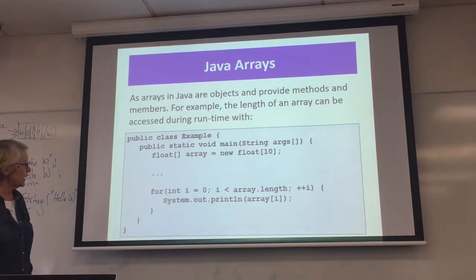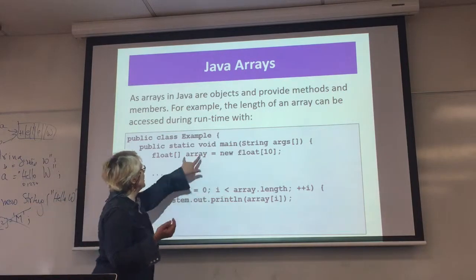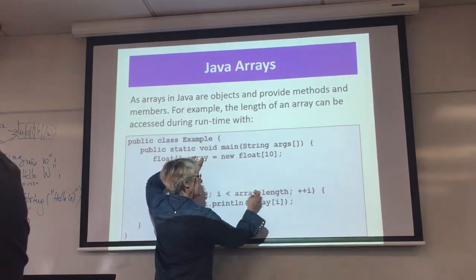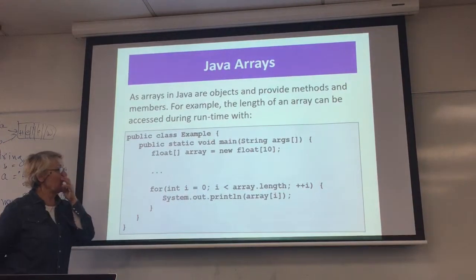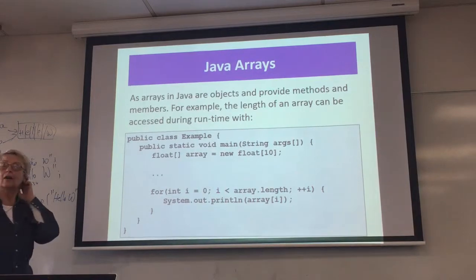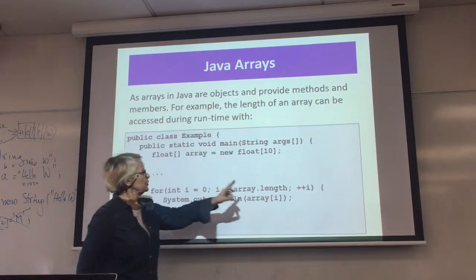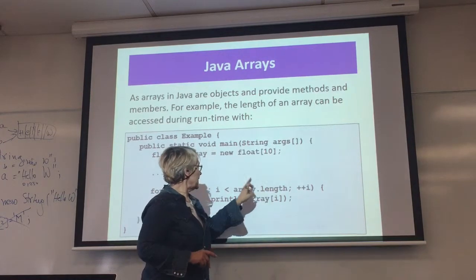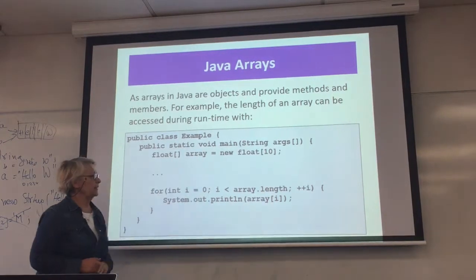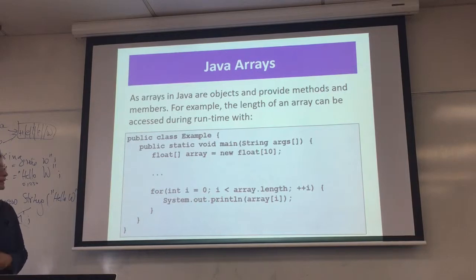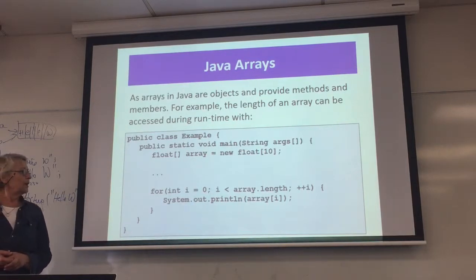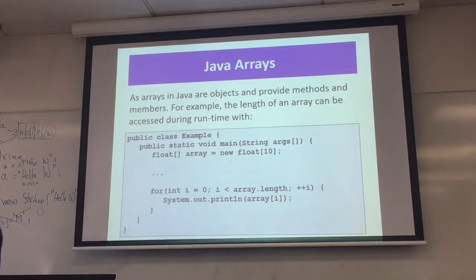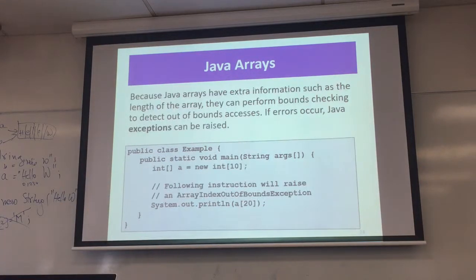The important thing, as you can see, each array object knows its length, and length is a public field. Notice this is a field, it's not a method. Length is a field, so it's a public data member. And we have the index operator to work with, so it's quite easy.